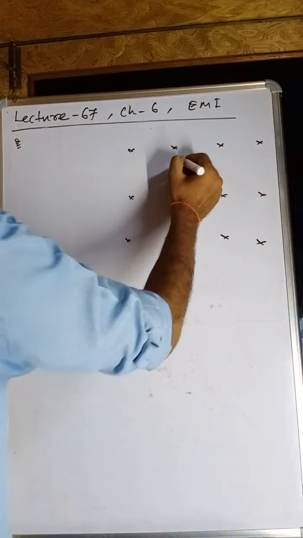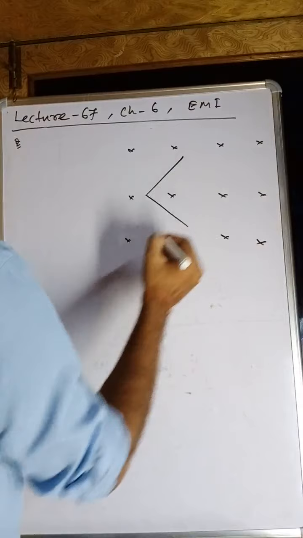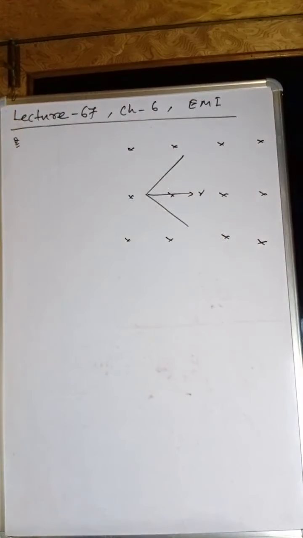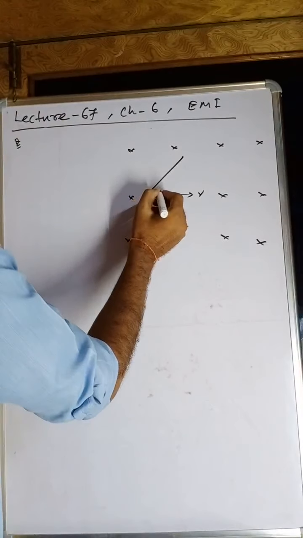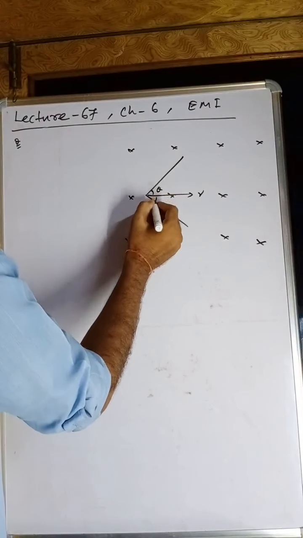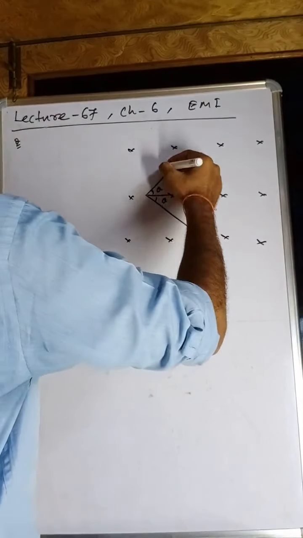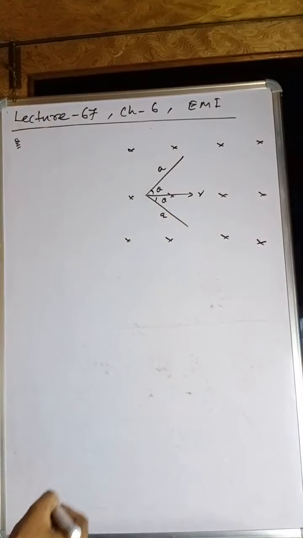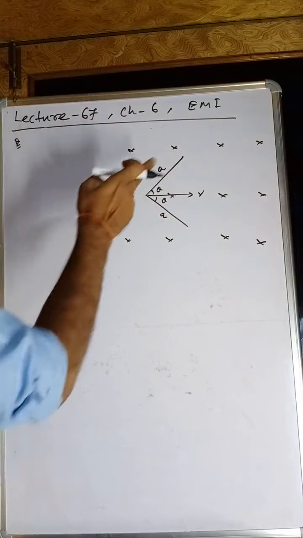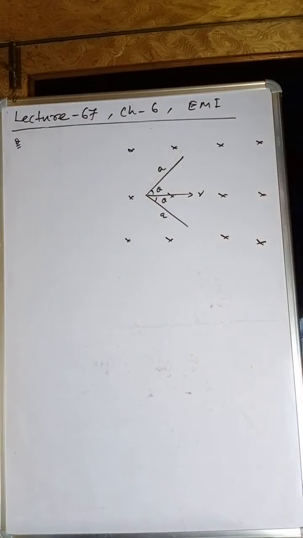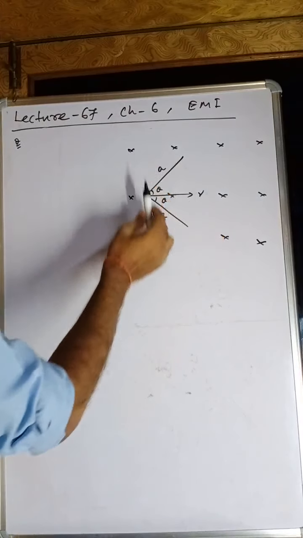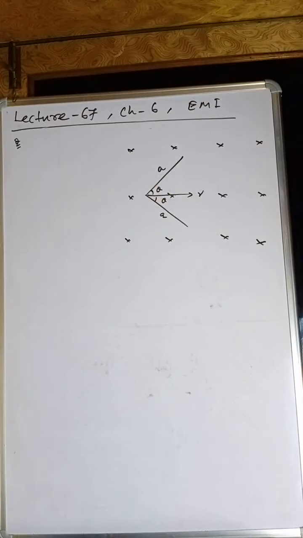The rod is like this, and here the velocity is given v. The rod is making an angle theta here and an angle theta here. Length of each rod is A, and this entire length is 2A. The velocity is given perpendicular to this rod, it is v.